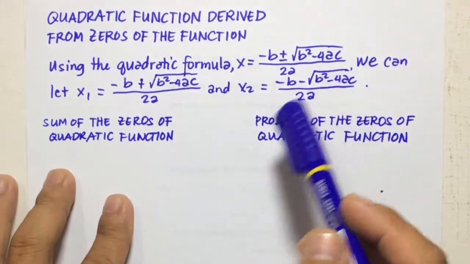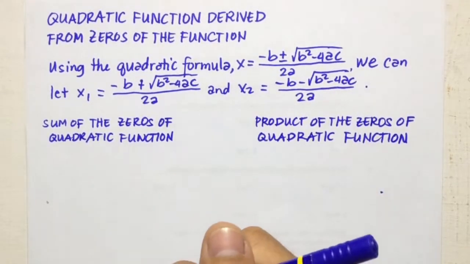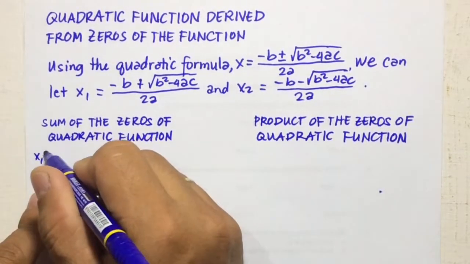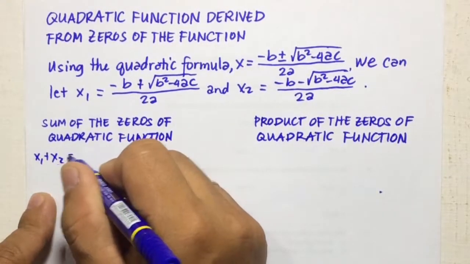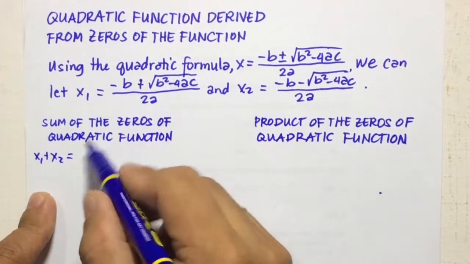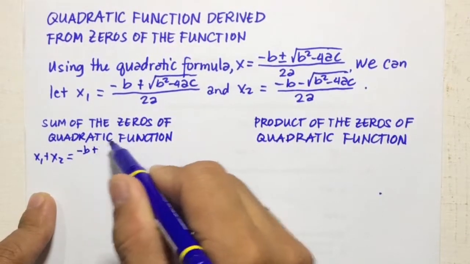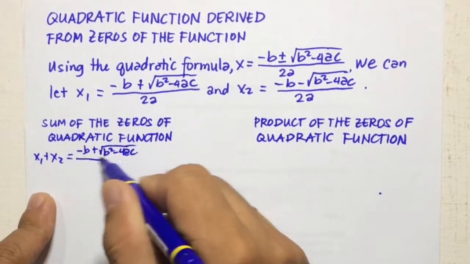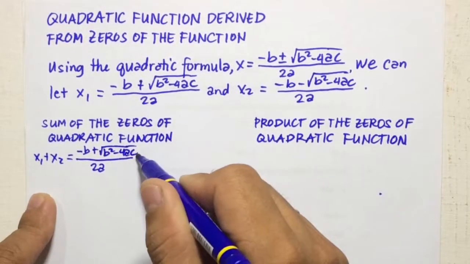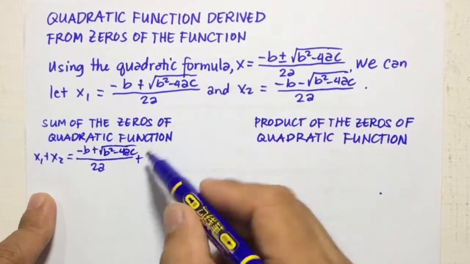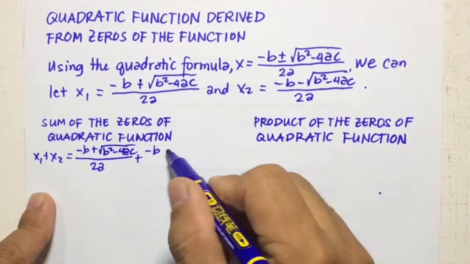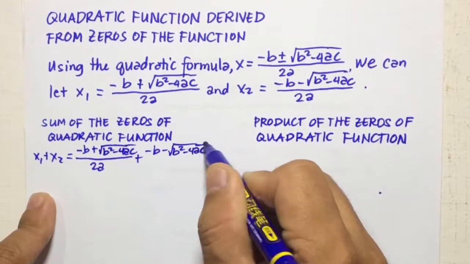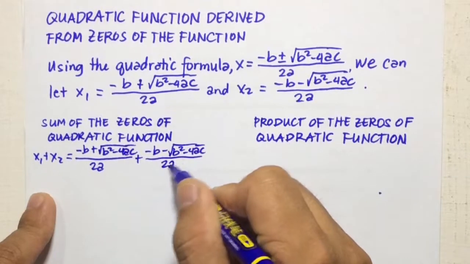over 2a. Now we can have the sum of the zeros of the quadratic function as x1 plus x2. That will be x1, negative b plus square root of b squared minus 4ac over 2a, plus x2, negative b minus square root of b squared minus 4ac over 2a.